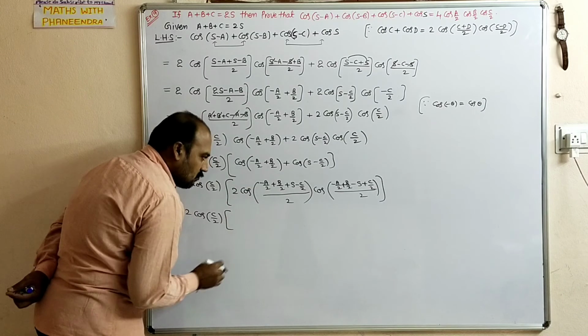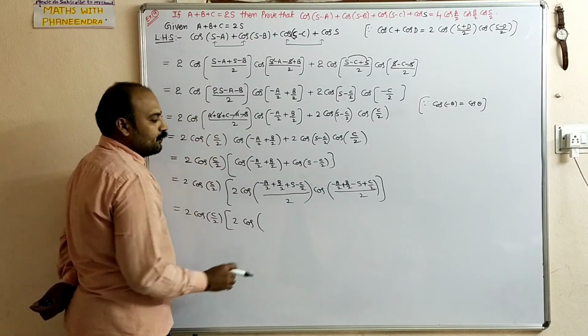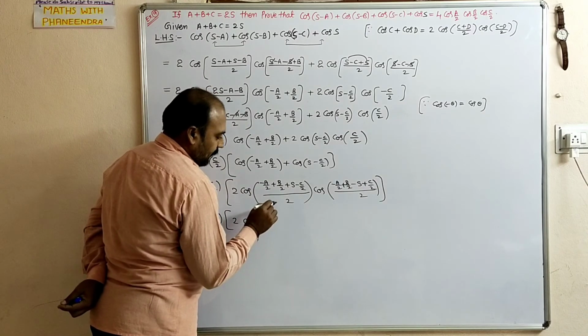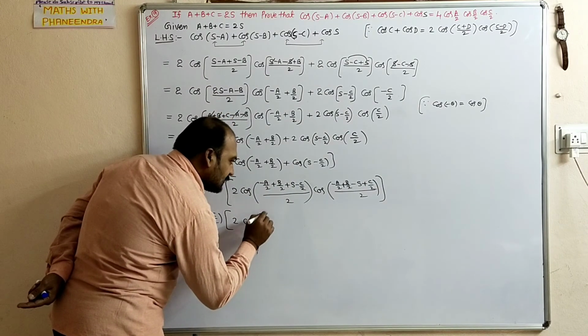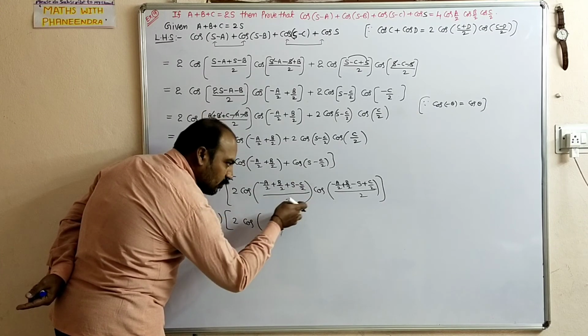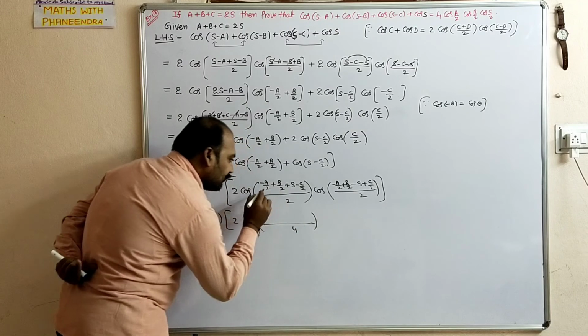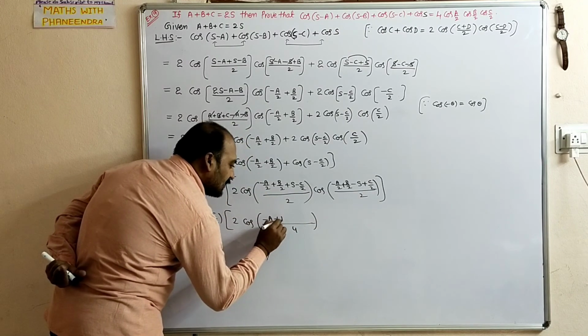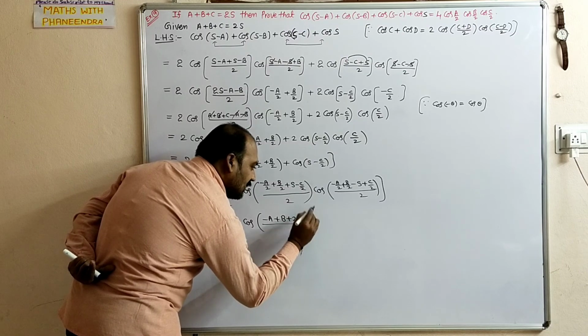So here 2 into cos of, first you take the LCM. 2 is the LCM in the numerator, again it will come as denominator, it will become 4. So 4, minus A plus B plus 2S minus C.